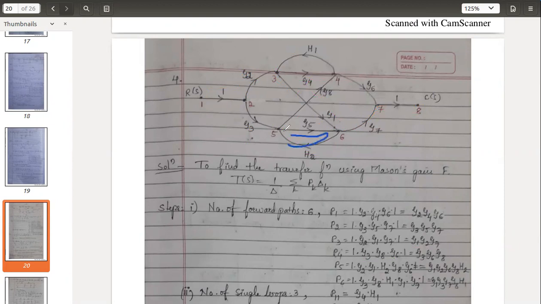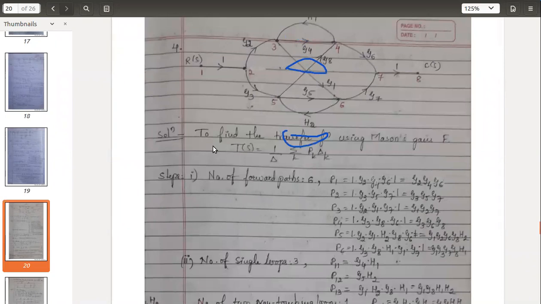This is one loop directly visible. This is one more loop. Any other loop you can find? Can anybody tell me what may be the third loop? You can try.